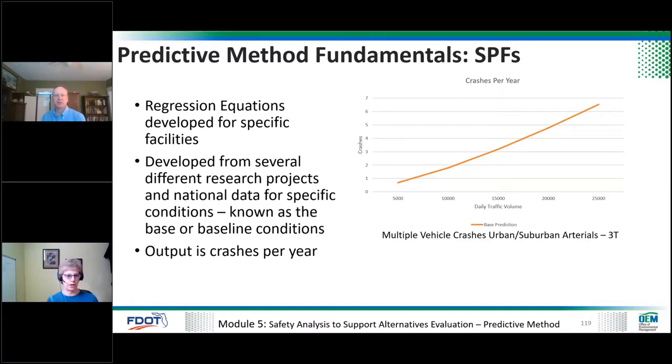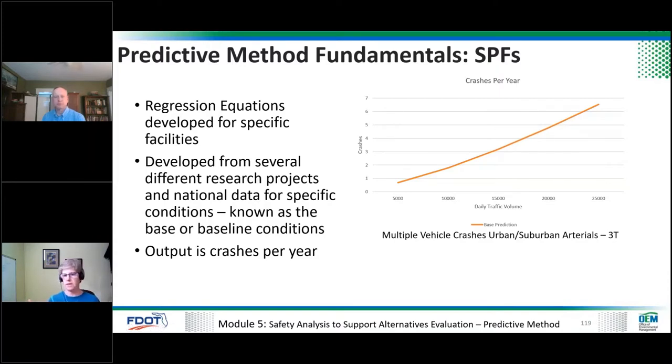these specific equations, and as I said, they're developed from research projects from across the country, and the output is crashes per year. Fundamentally, what you're doing is going to the manual and saying, I'm doing some work on an urban and suburban arterial, shown here on the right, and 3T stands for 1 lane in each direction with one 2-way left turn lane.